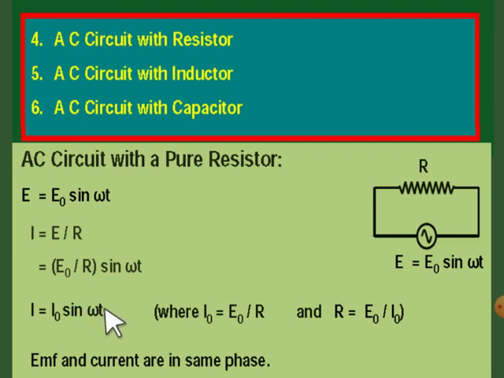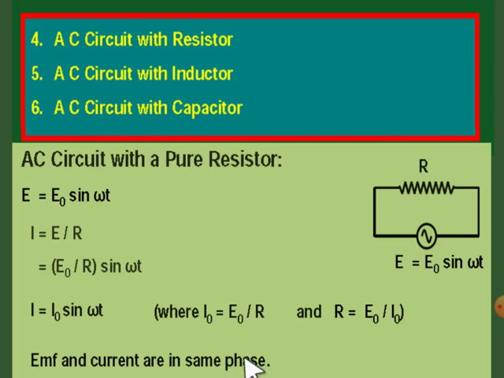If something like plus phi is there, then we will say that I leads, the instantaneous current leads the instantaneous EMF. But as there is no plus phi or minus phi here, that means the phases are the same. So we say that EMF and current in an AC circuit containing a pure resistance are in phase.